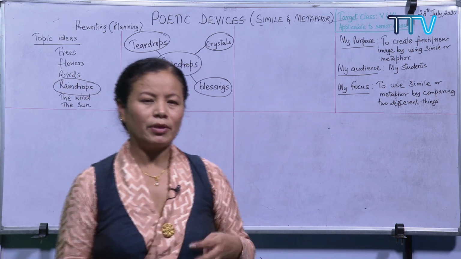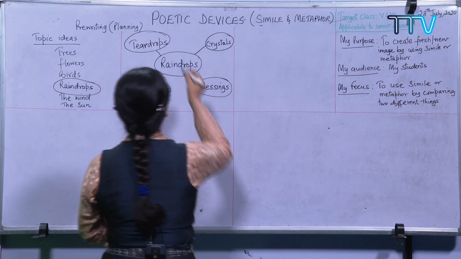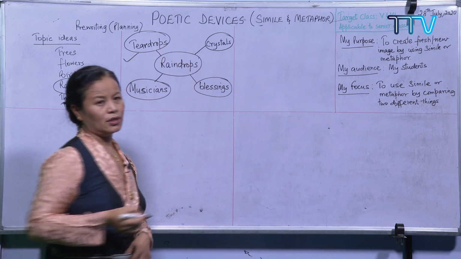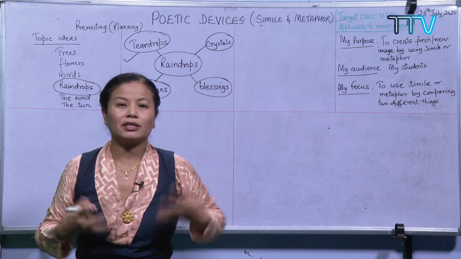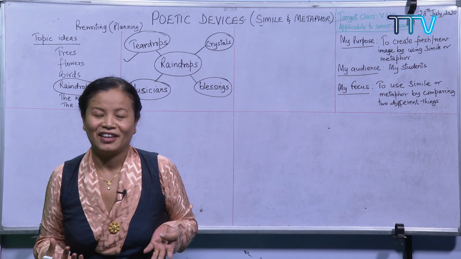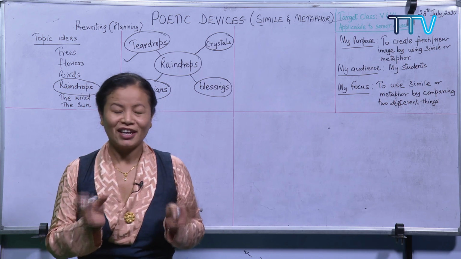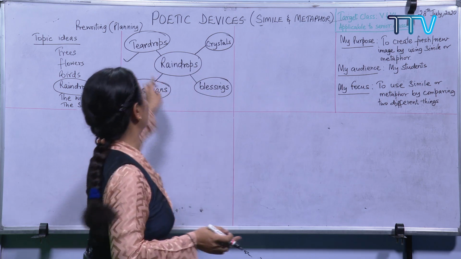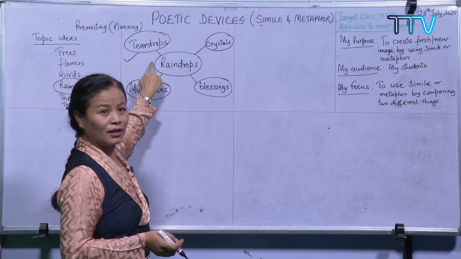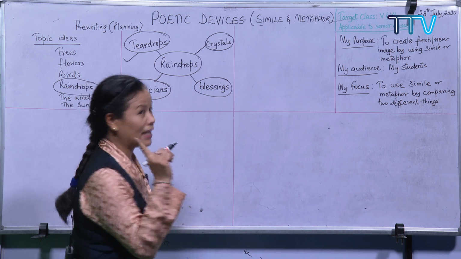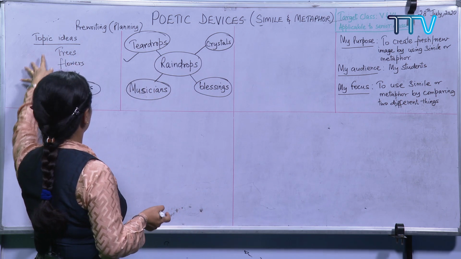At this point, I think I can go with teardrops, because I will be able to express in a better way if I compare raindrops with teardrops. So I'm going to choose this. Teardrops.